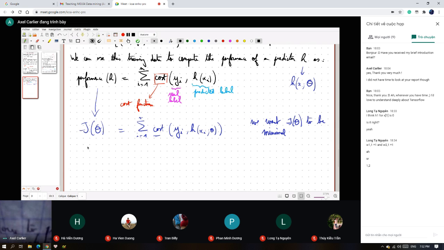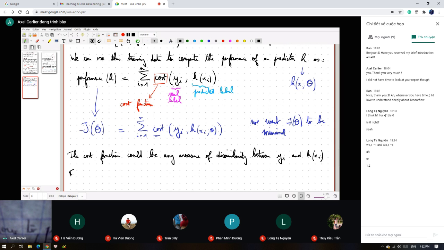So the cost function could be any measure of dissimilarity between yi and h of xi.